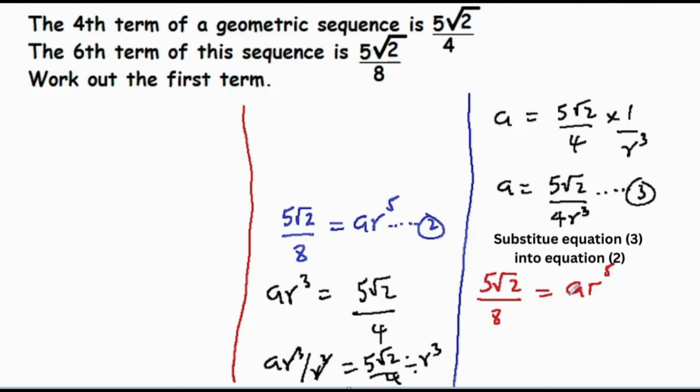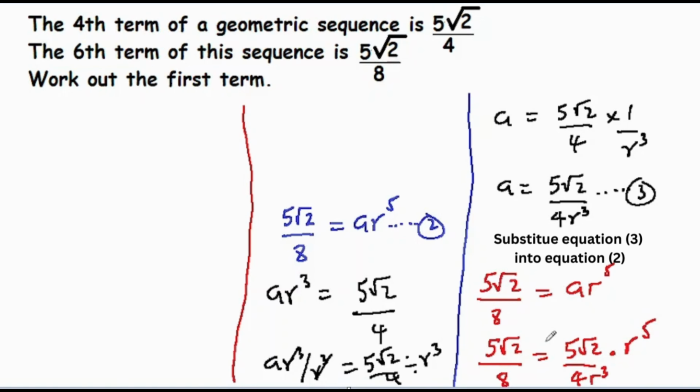So my a now will be replaced by 5 root 2 divided by 4 multiplied by r raised to power minus 3, then multiplied by r raised to power 5.